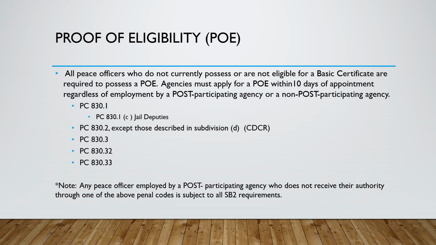The classifications of peace officer required to possess a POE or basic certificate are those classified under PC 830.1, including your 830.1C jail deputies, PC 830.2, with the exception of those described in Subdivision D, which are the CDCR employees, PC 830.3, PC 830.32, and PC 830.33.